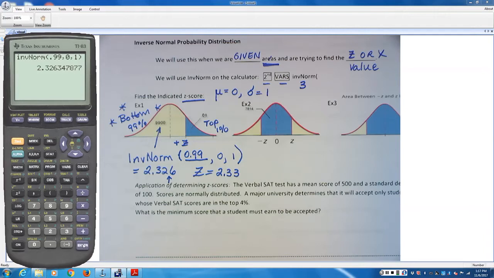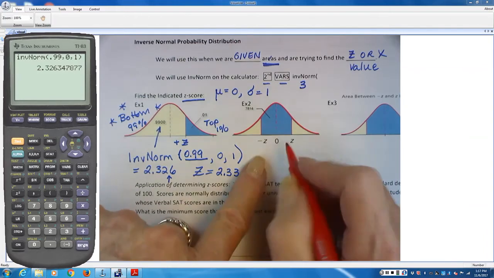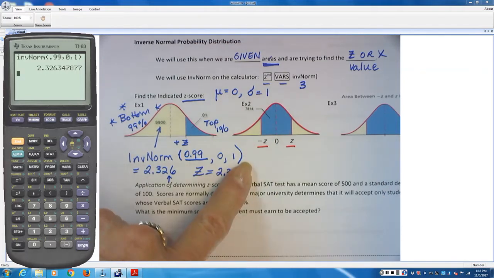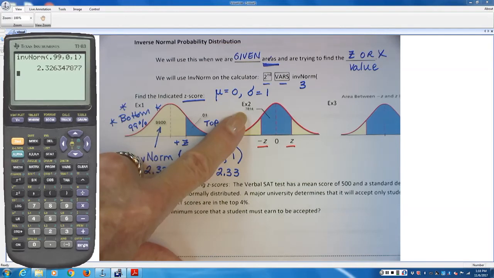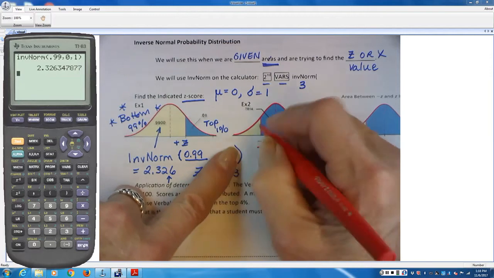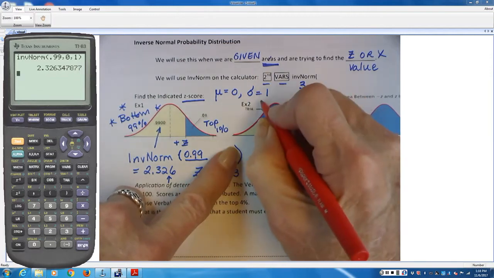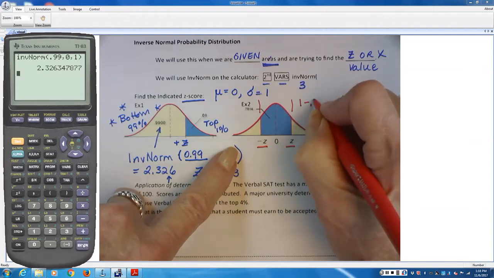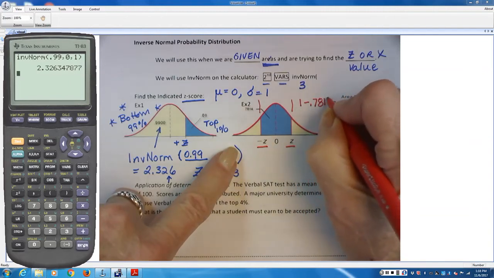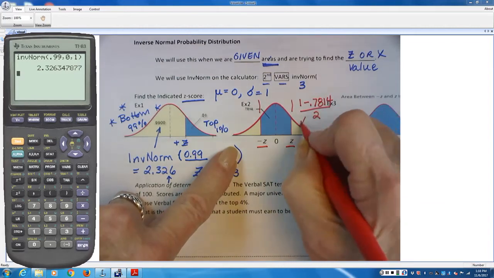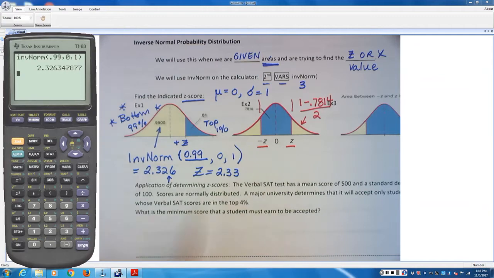So for problem number 2, we're given a little bit of a different situation. Because in problem number 2, it says the area between this negative z-score and this positive z-score is 0.7814. So if this is 0.7814 in between here, then the area out here is 1 minus that, but it's cut in half because half of it's going to be up here and the other half's down here.